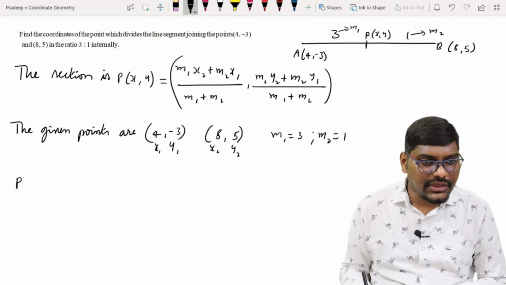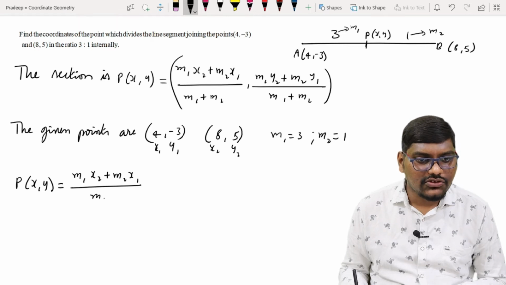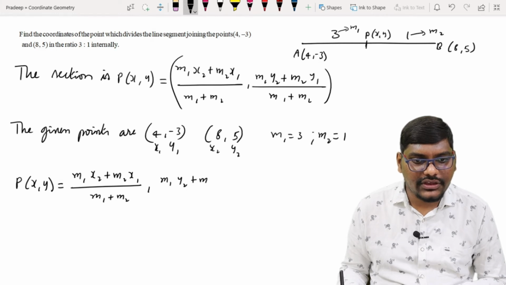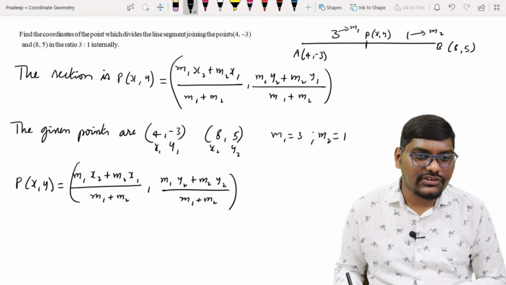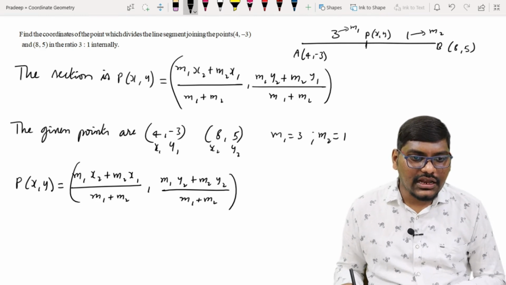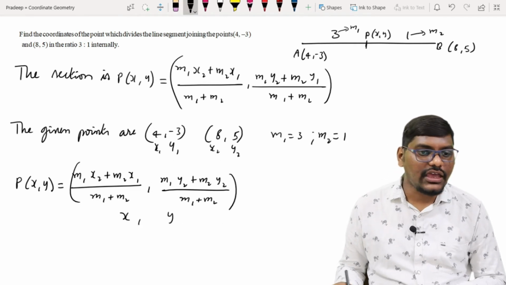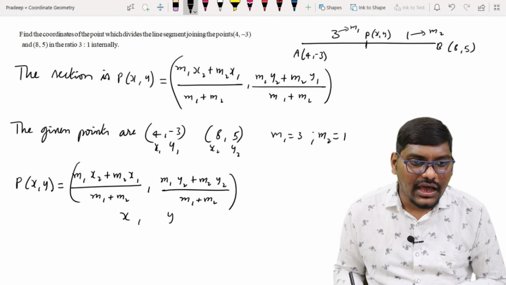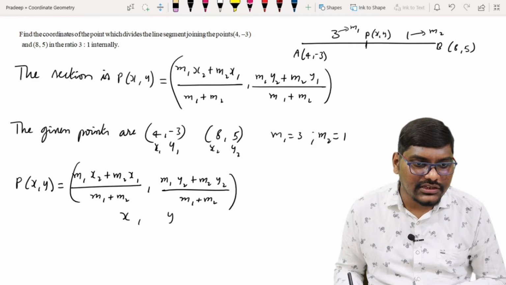So we can write P(x, y) equal to (m1 x2 plus m2 x1) by (m1 plus m2), and (m1 y2 plus m2 y1) by (m1 plus m2). I'm just writing the formula again. Even to remember this formula is very simple. This side is the x coordinate and this is the y coordinate. In the x part, m1 is there, then plus, then m2 is there.